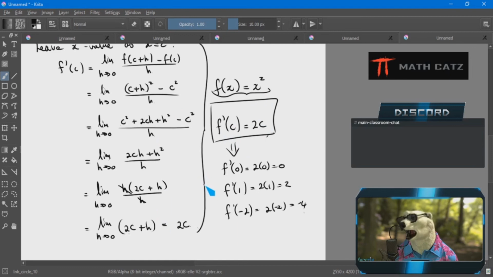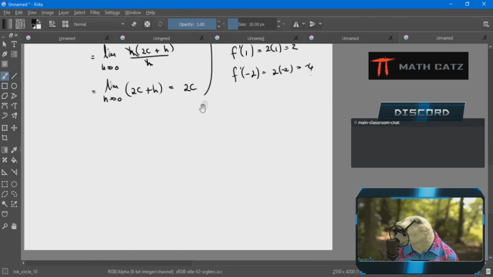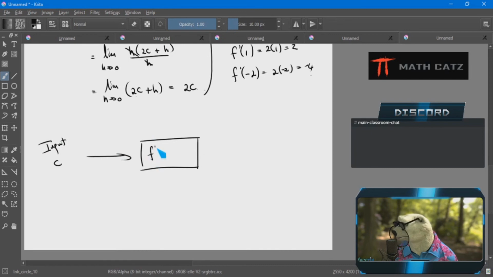So what I really have here is a new function. If I put in the input, which we call c, I calculate the derivative as 2 times c, and I get my output, which is 2 times c.